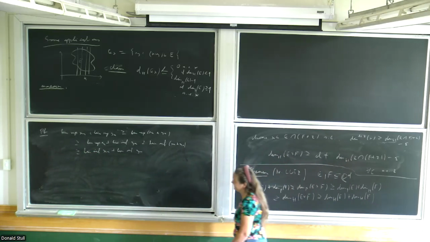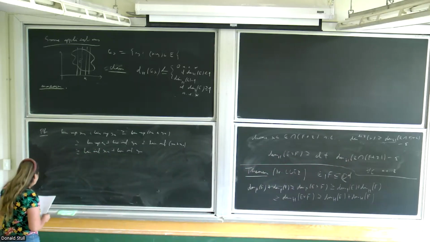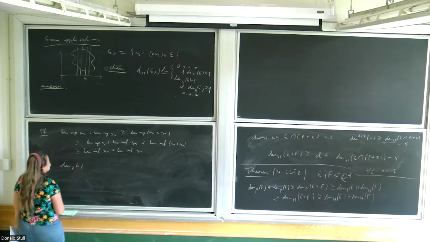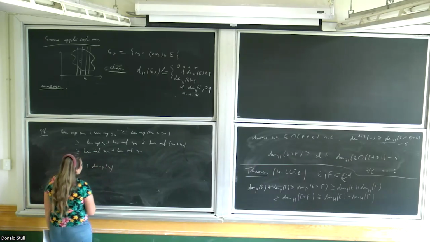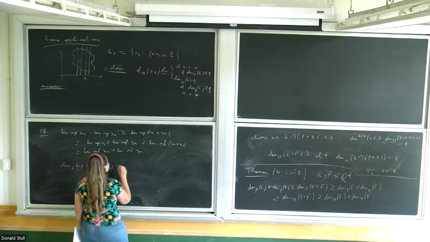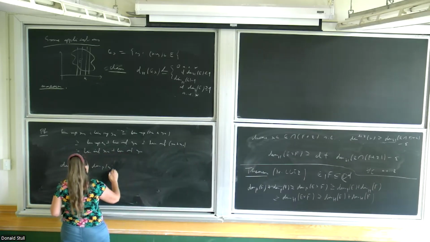So now if I write the same thing with complexities, what this means is, the packing dimension of x plus the packing dimension of y. So this is a lim sup, this is a lim sup. This is at least, sorry, I understood y.